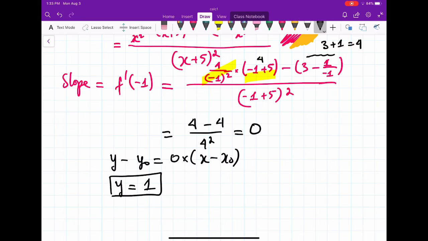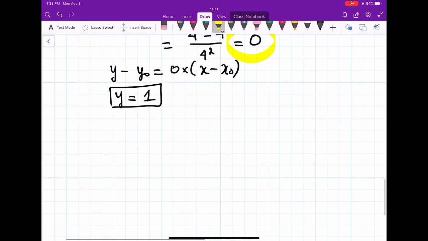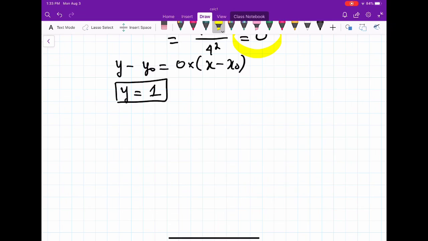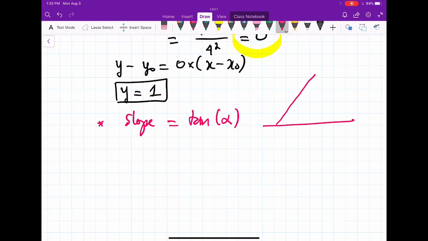Interesting, right? But what does it mean? The slope is equal to 0. How do you think? We have slope in here, and that is 0. The slope is 0 means the derivative is 0, of course. And not only that, the slope is the tangent of alpha, where alpha is the angle between the tangent line and the x-axis.